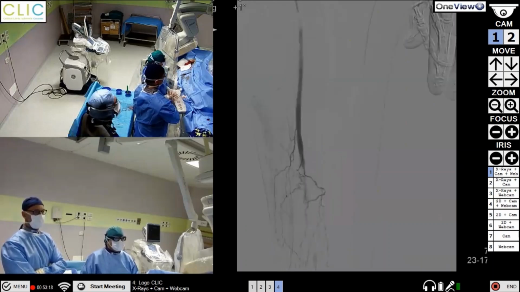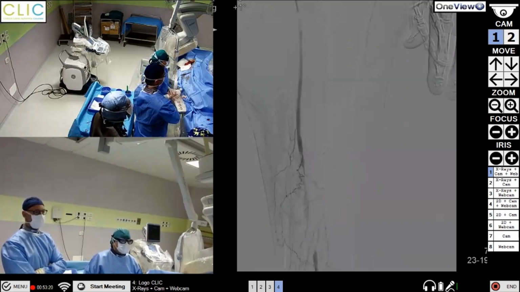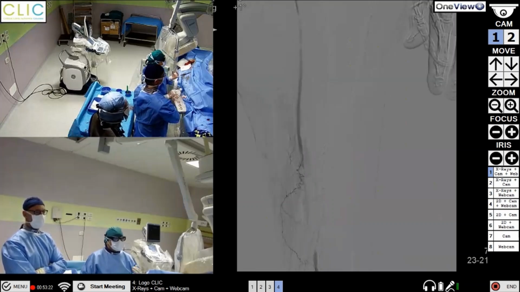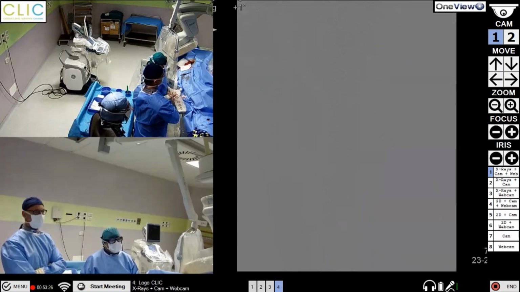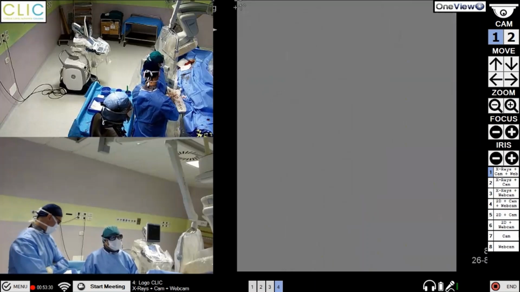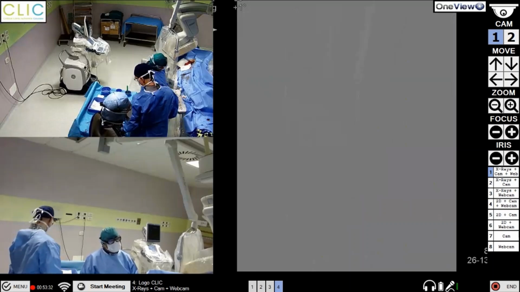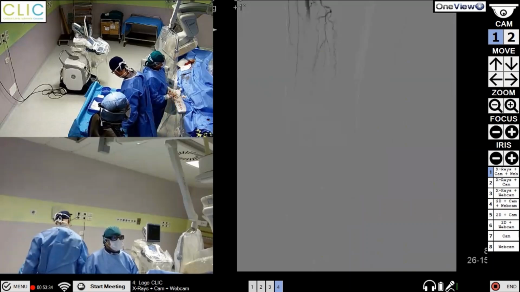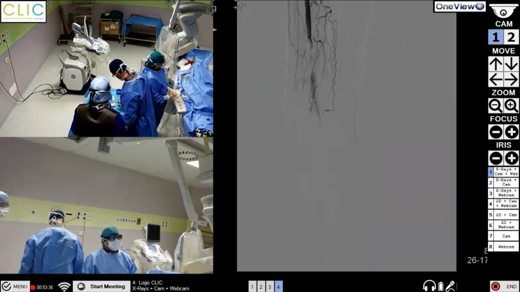And this is the aspect with contrast medium of the SFA. We have some short occlusions of the SFA in the middle portion, and distally the popliteal artery seems to be diseased too.